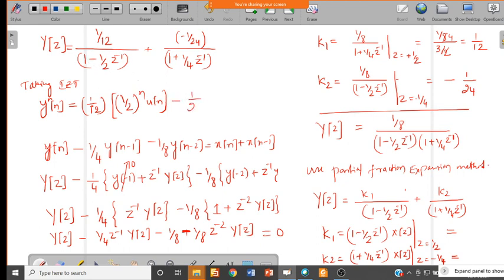And you will get minus 1 by 24 into, this is in terms of minus alpha power n, so you will get minus 1 by 4 power n into u of n. So now this is your natural response. So understood how we can arrive at the natural response from the Z transform, that is the unilateral Z transform? Is it understood? Any doubt?